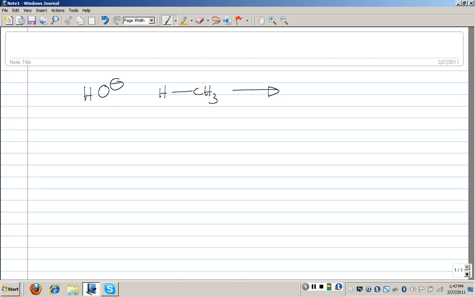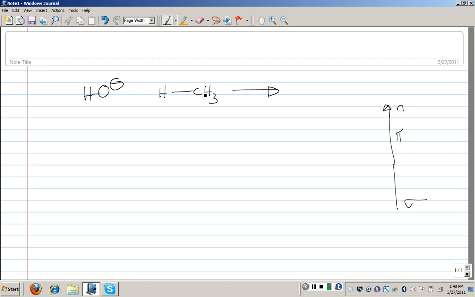Hydroxide has an H, and therefore, technically, the hydroxide could be a proton donor. So functionally, hydroxide could function as an acid and donate a proton to the methane. But the problem is, our definition of a base is an electron pair donor, and we know full well that the only electron pairs that are donatable are those that are lone pairs or pi pairs. Sigma pairs are non-nucleophilic, they're also non-basic.